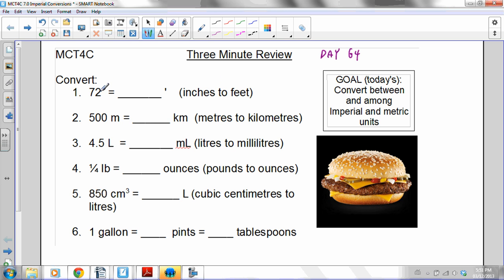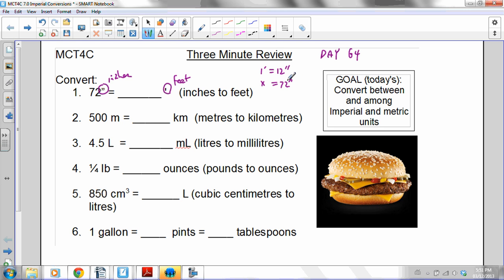7D2, that's inches, right? Inches. That means feet. And we want to change it to how many feet. Well, what's the rule? 1 foot is 12 inches, right? And we want to know how many feet is 72 inches.